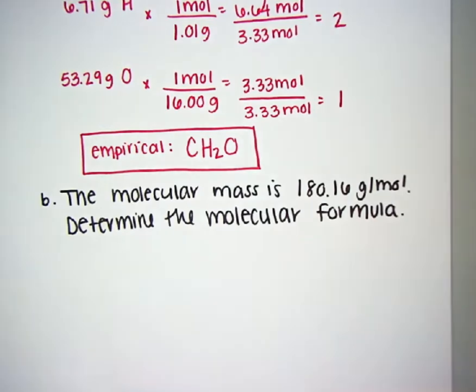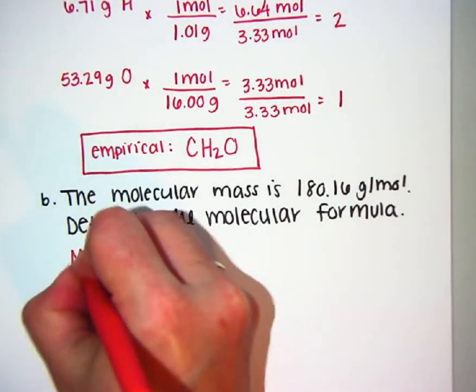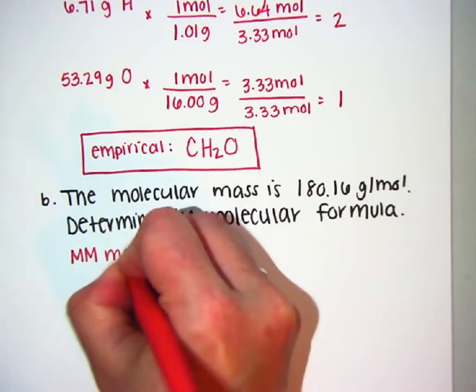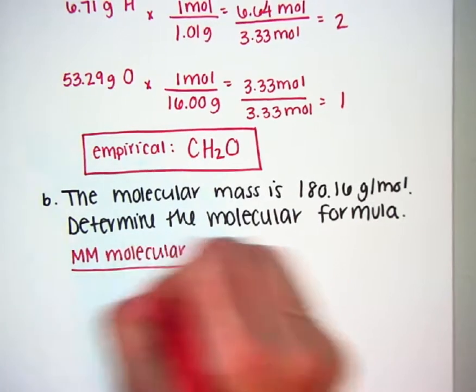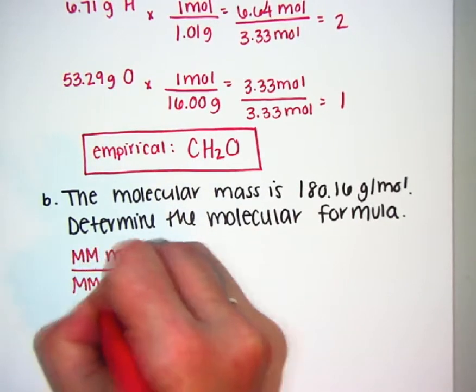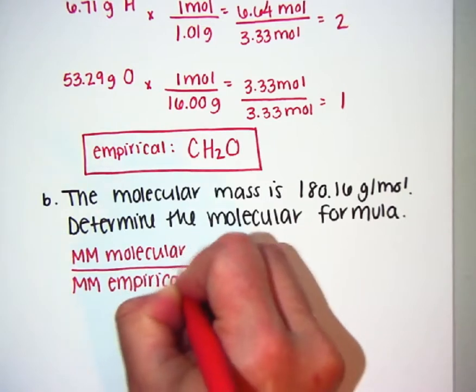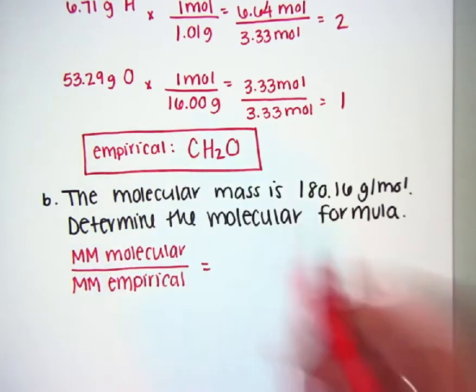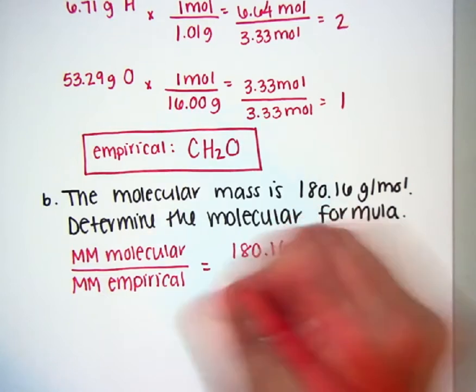So again, I already gave you a little equation to figure out what we need to multiply the empirical formula by. It's going to be the molar mass of the molecular divided by the molar mass of the empirical. So molecular was given to us, 180.16.